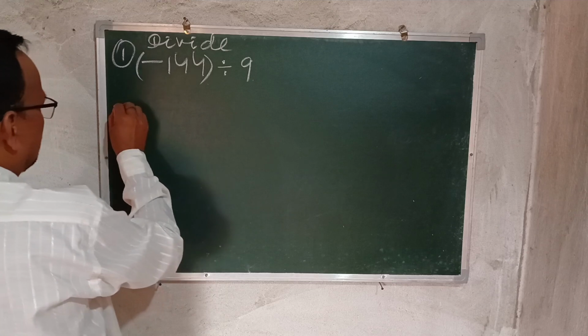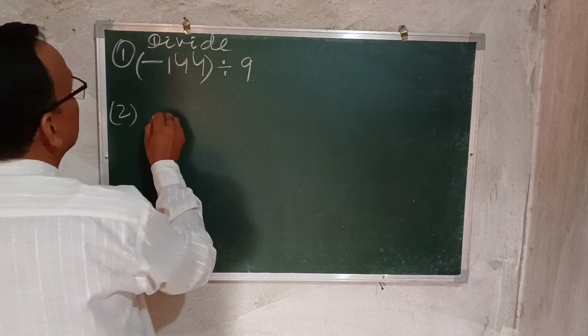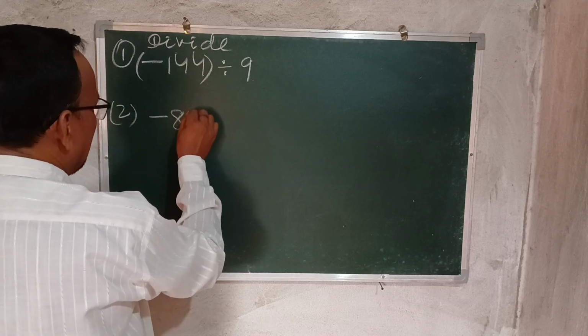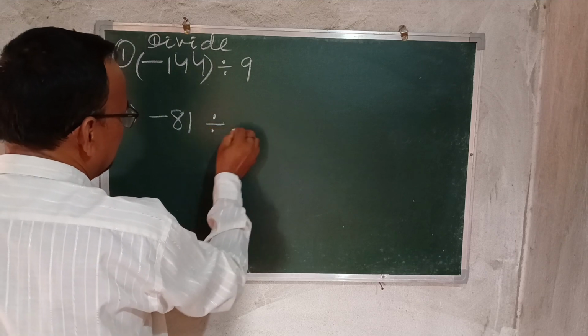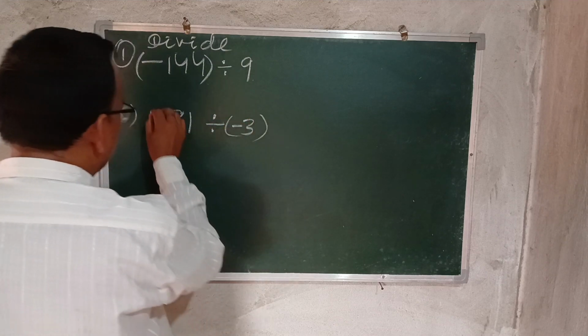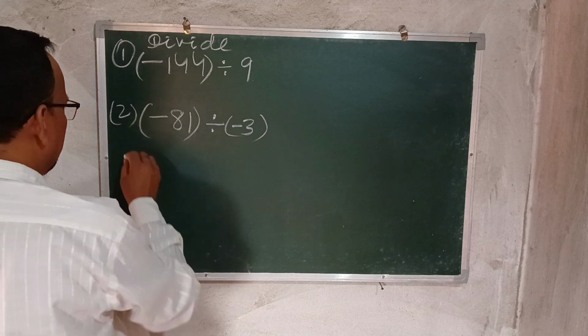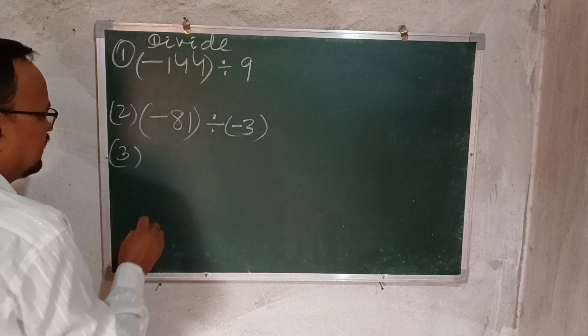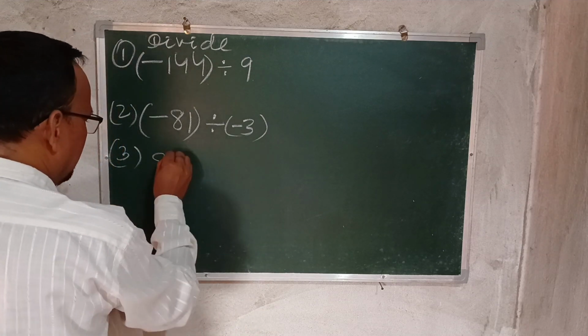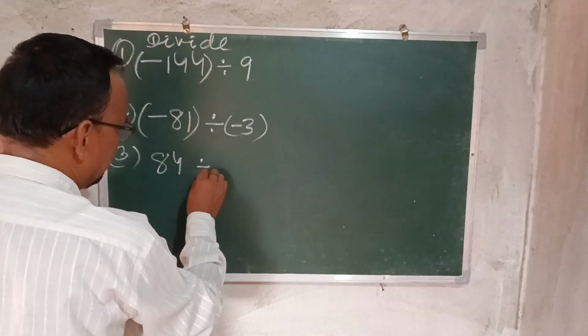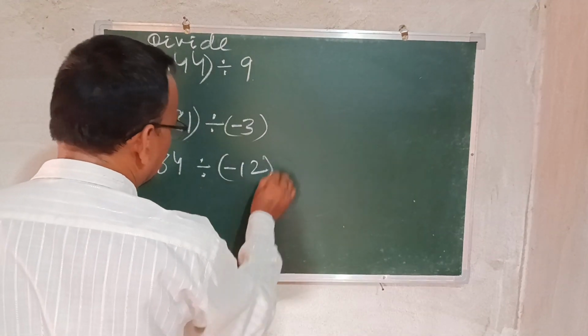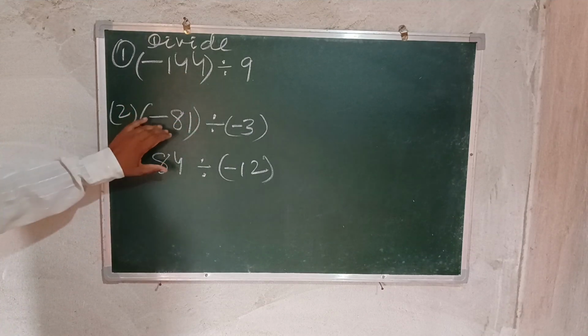Number 2: minus 81 divided by minus 3. Number 3: 84 divided by minus 12. These are the three questions given.